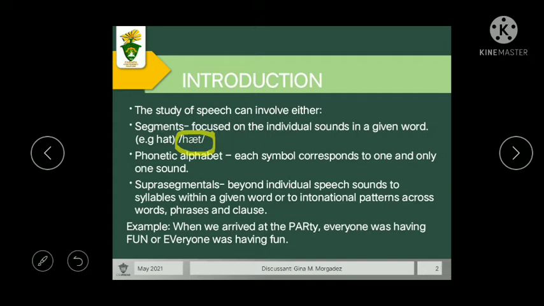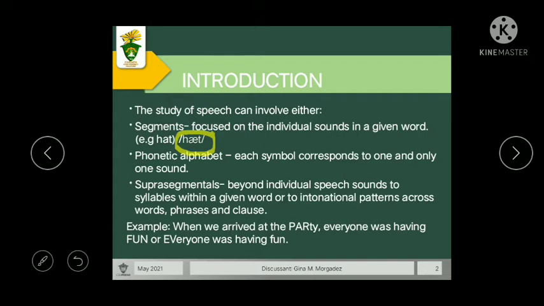Why is it necessary to have a phonetic alphabet? It is necessary because in the English alphabet, for instance, a single symbol can represent more than one sound. For example, the pronunciation of the letter A in hat is different from its pronunciation in talk.